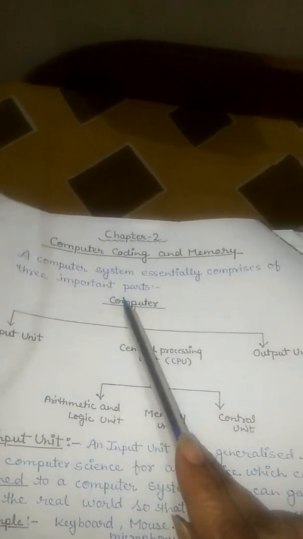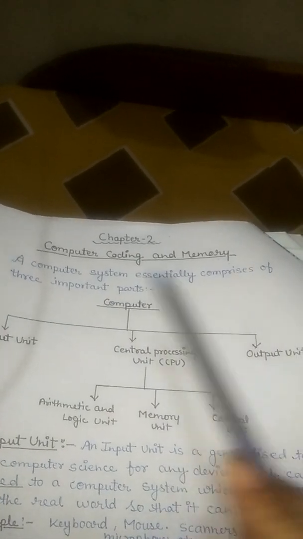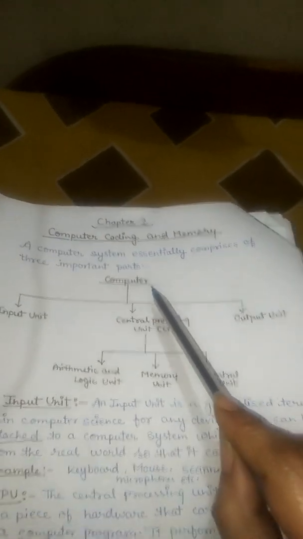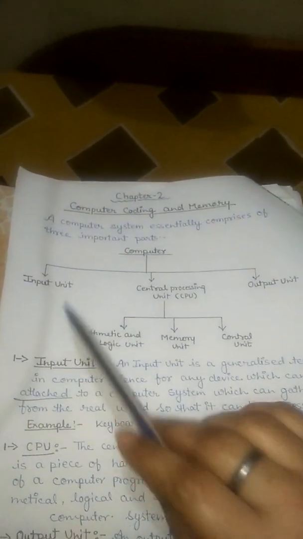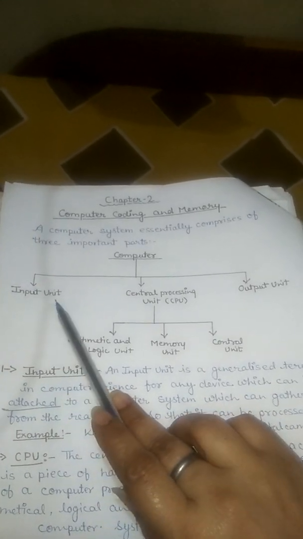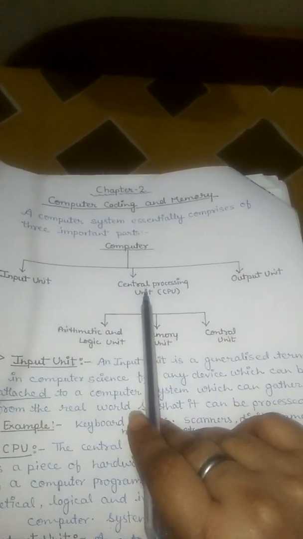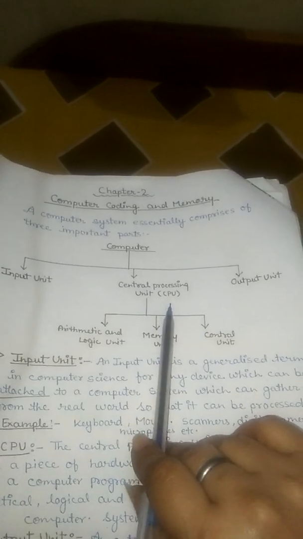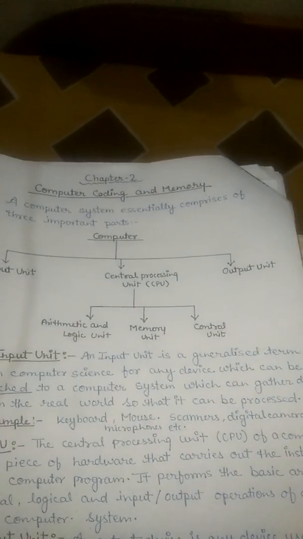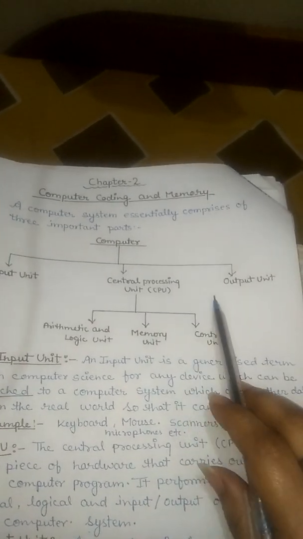A computer system essentially comprises three important parts. Here in this chart, the computer has three important parts. First part is the input unit, second part is the central processing unit, in short form CPU.